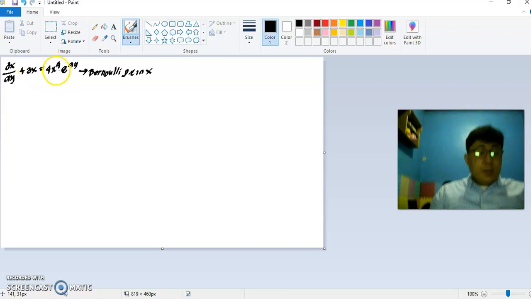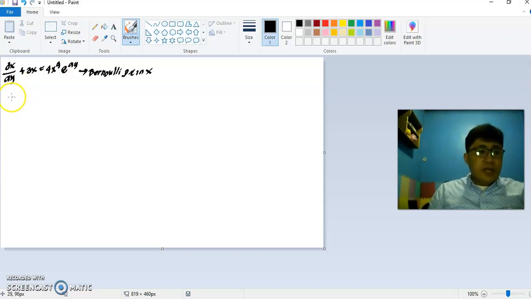But the problem here is, if x raised to the power 4 is not here, then we could say this is a linear differential equation. Because we have two different variables in your Q, we need to use Bernoulli differential equation. So what will we do?